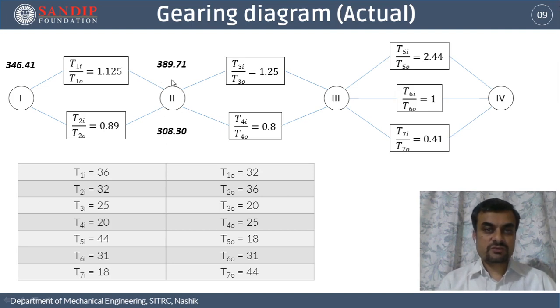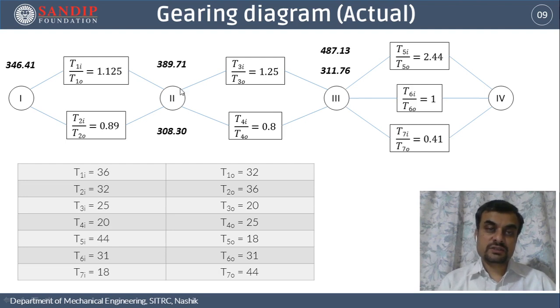Now if the second shaft is spinning at 389.71 and we engage the third gear pair, we get 487.13 rpm on the third shaft. If we engage the fourth gear pair with the same speed on the second shaft, we get 311.76 rpm.